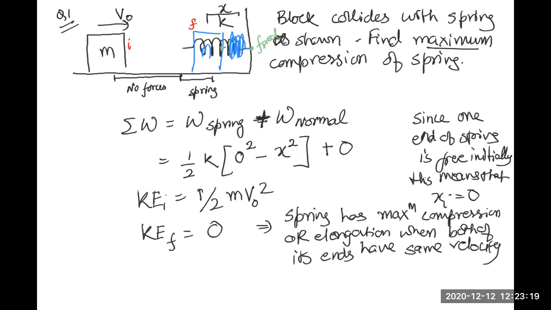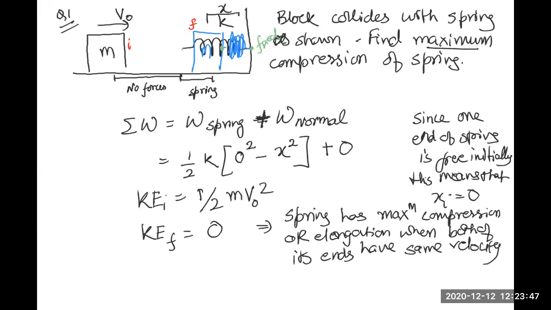Because the moment the block comes into contact with this end of the spring, it will start to get compressed. The block will have certain velocity, therefore the block will have certain displacement to the right, and therefore it will compress the spring further. It will keep on compressing the spring until the spring reaches its maximum compression.